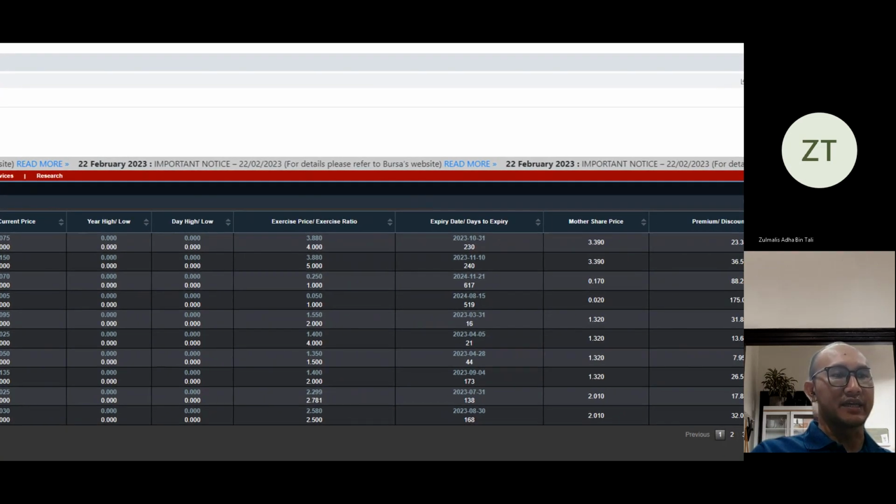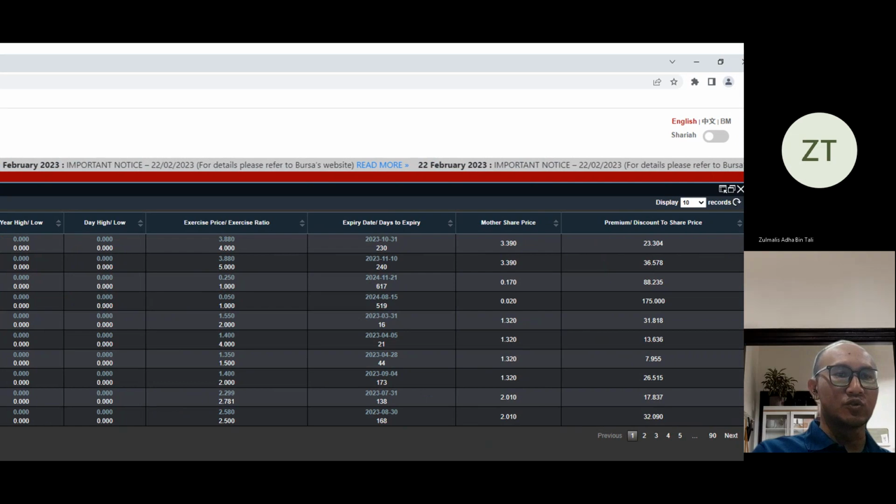And then maturity date, yeah. The closer it is to maturity, the warrant price normally goes down, technically, yeah. The share price right now is 339, and we do show the premium to the share price. It's about 23% premium to the share price, yeah.